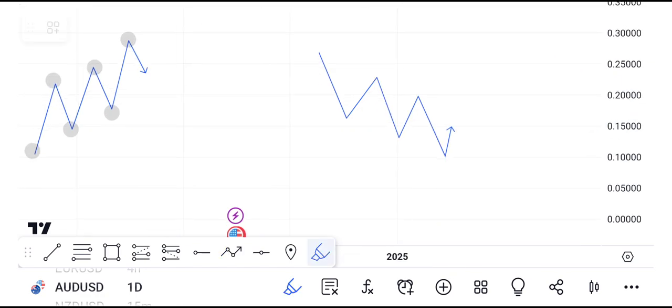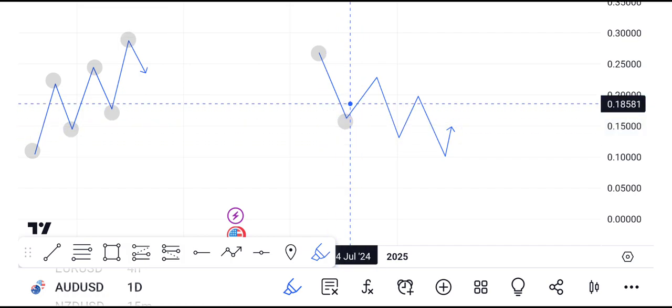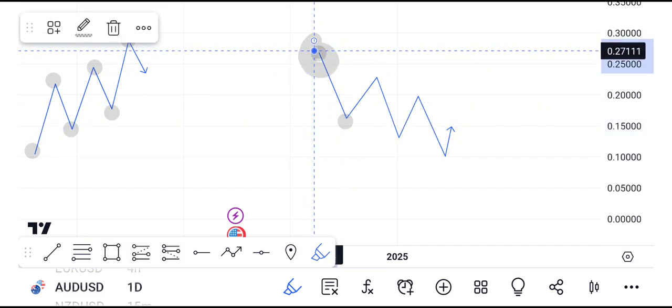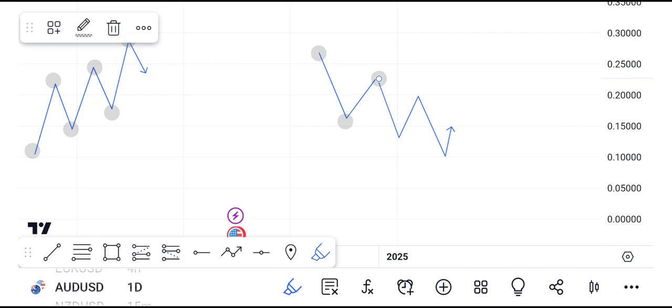So as you can see, this high over here pushed price down. That leg is the reason for price to push down. And then we have a lower low. This low over here is lower than this low over here. Now we have a lower high, lower low, lower high, lower low.